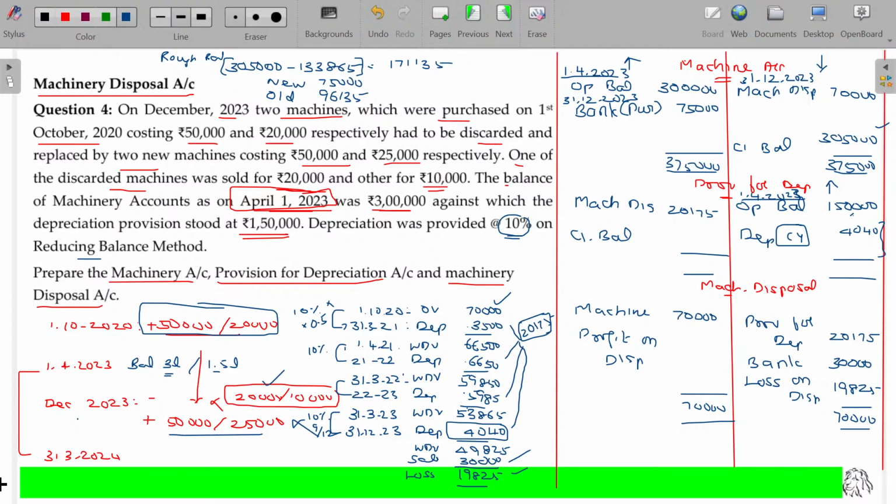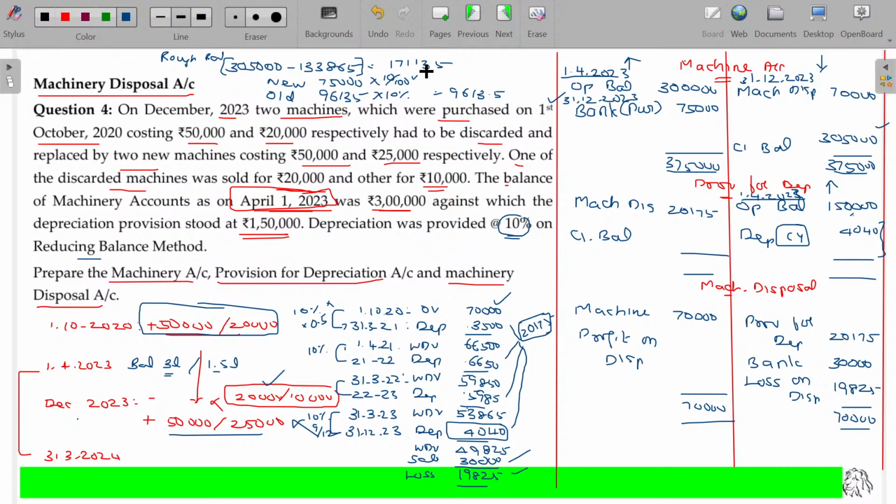To calculate the depreciation for any year, find out the rough balance. From the rough balance, find out the new asset's value and subtract that. Whatever balance you have is the old assets' worth, which exists since very long. For this, you can claim the depreciation fully as per normal provision: 9,613.5. In the case of the new asset, you have to calculate 10 percent for how many years? It was purchased on 31st December and the year closes on 31st March of the next year.